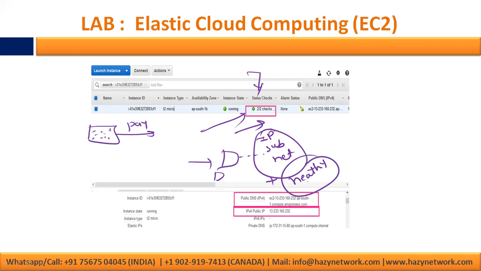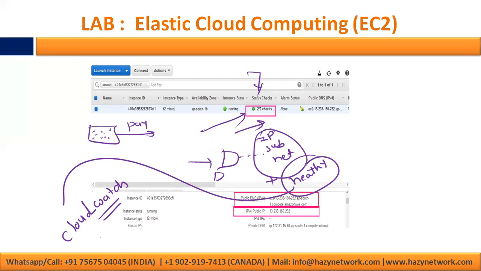Healthy means everything is fine or not, and that's why we have one facility in AWS, and that is CloudWatch. There is CloudWatch, CloudFront, CloudFormation, CloudTrail. These all services have different functions. Got it? Noted.